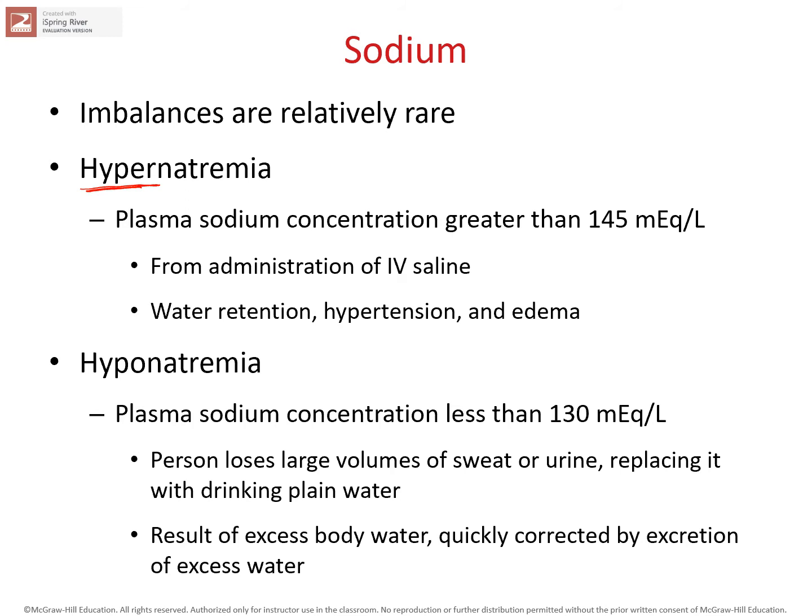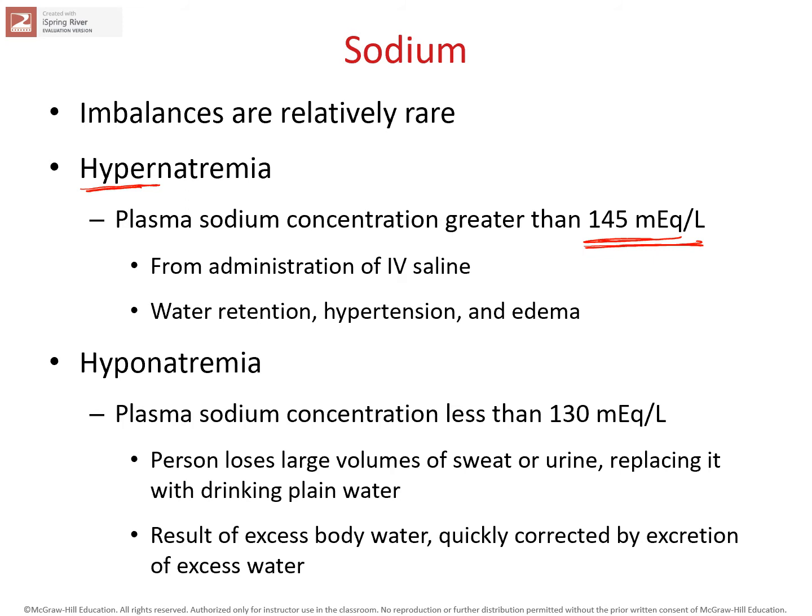The normal concentration for sodium in the extracellular fluid is about 145 milliequivalent. Well, it varies between 130 to 150. Okay, so anything greater than 145, again, this is just an average, is considered hypernatremia.